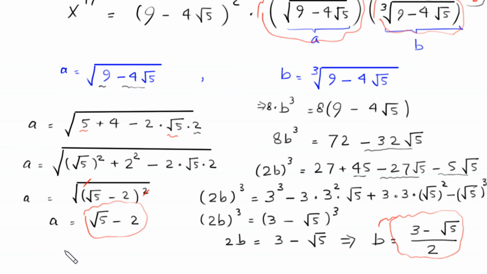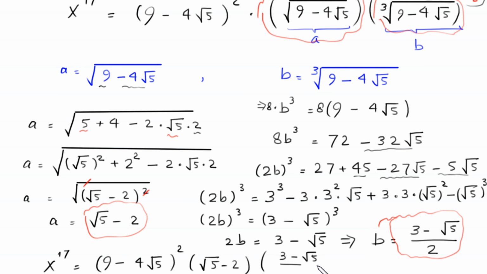So this will become x to the power 17 is equal to 9 minus 4 times root 5 squared times root 5 minus 2 times 3 minus root 5 divided by 2.